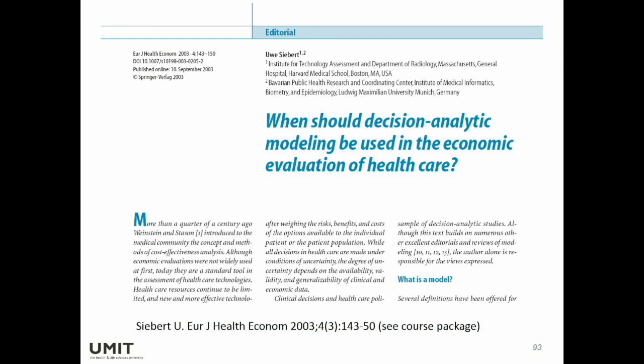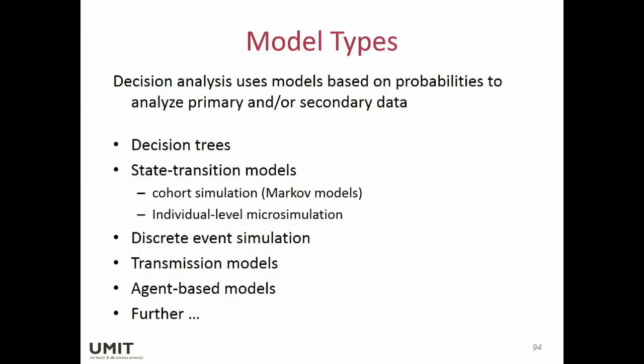When you want to read more about this, have a look at the paper, When Should Decision-Analytic Modeling Be Used in Economic Evaluation of Healthcare? And what are the different modeling approaches that I can use? We have a rather long list already, but there are others.